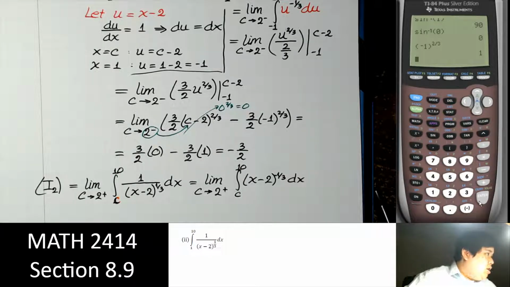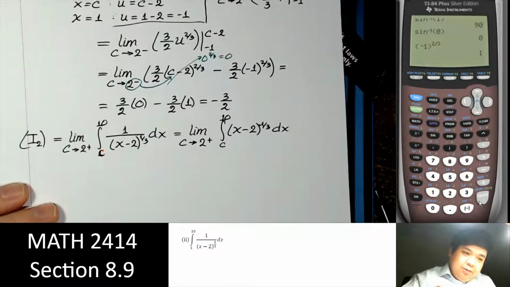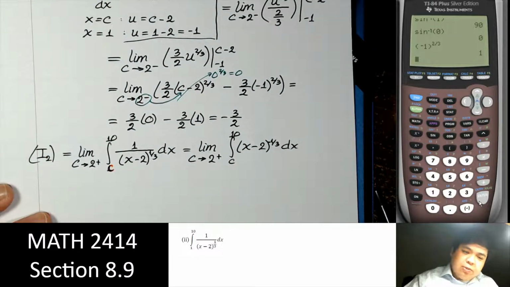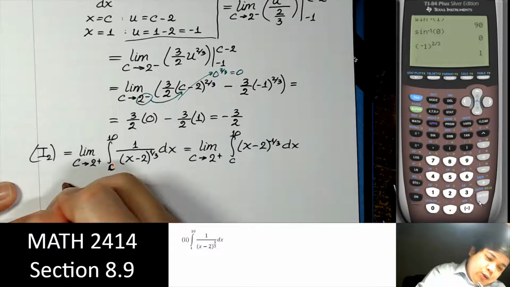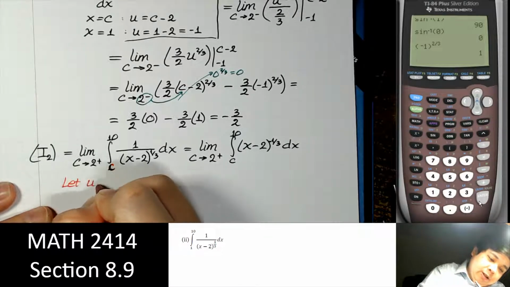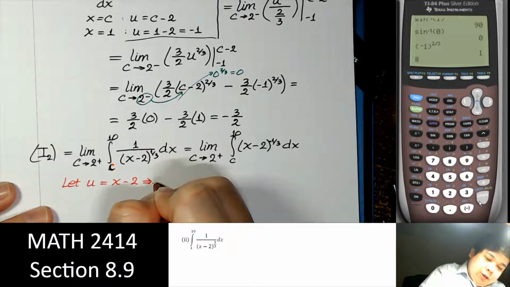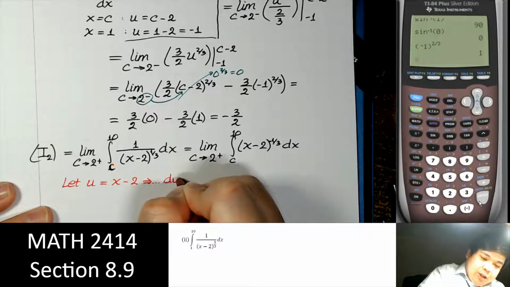The only difference is the limits. It's still the same substitution, so du is equal to dx.